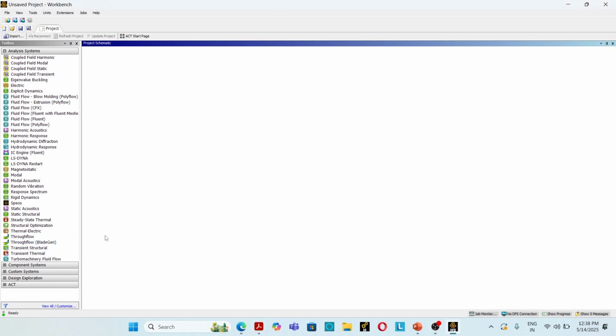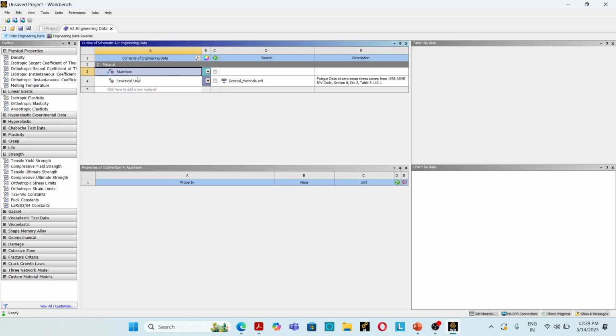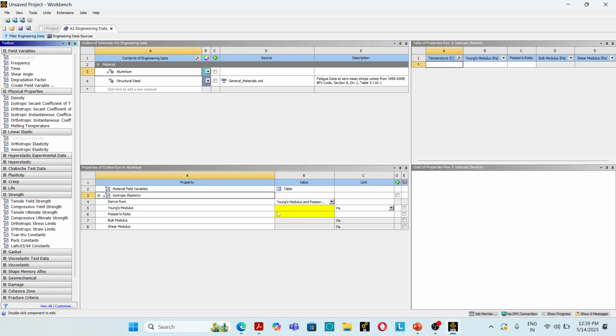The eigenvalue buckling analysis always starts with a static structural analysis. Click on engineering data. Type the material aluminium. Click on isotropic elasticity.